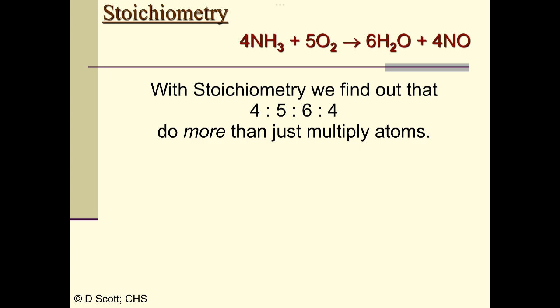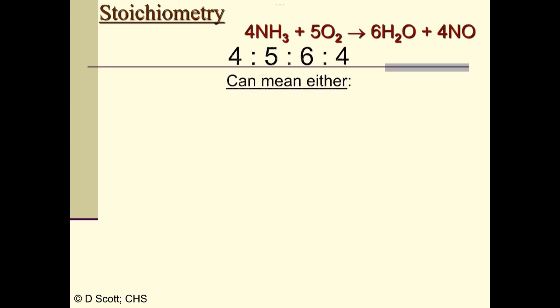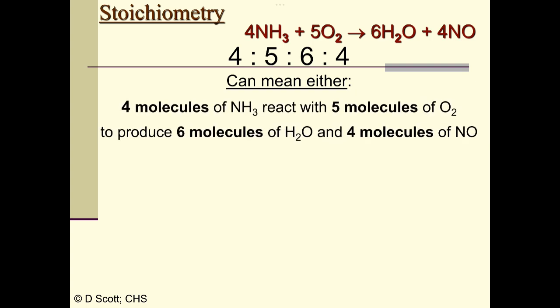Now, with this stoichiometry, we found out that those coefficients of 4, 5, 6, and 4 do more than just multiply atoms, but they can also mean either 4 molecules of NH3 react with 5 molecules of O2 to produce 6 molecules of water and 4 molecules of nitrogen oxide.